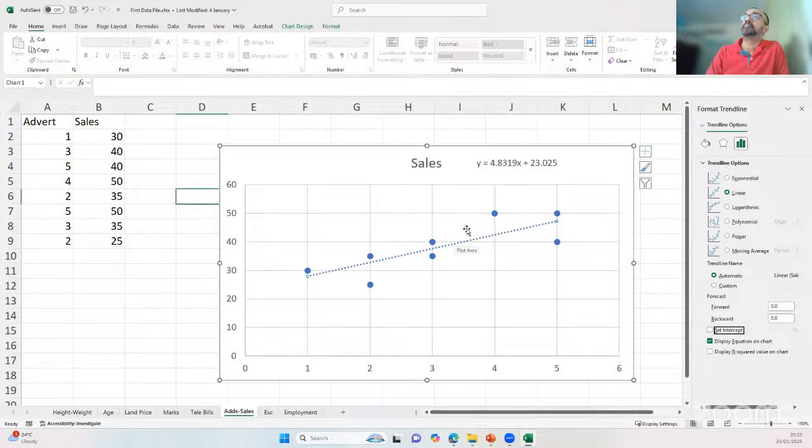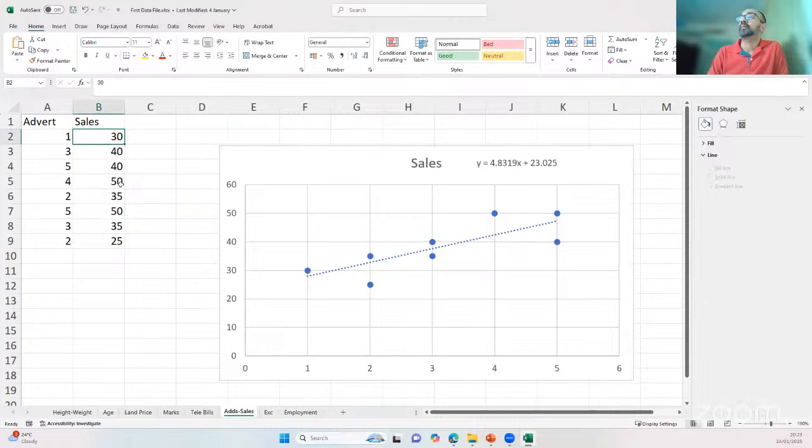But if we have different data, right, this might cause a significant impact. Okay. Let's see. So for example, this value, right? That is at 1 it was 30. We'll change that value to 10.